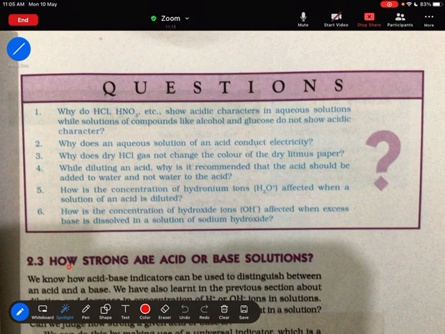Next heading is how strong are acid or base solutions.